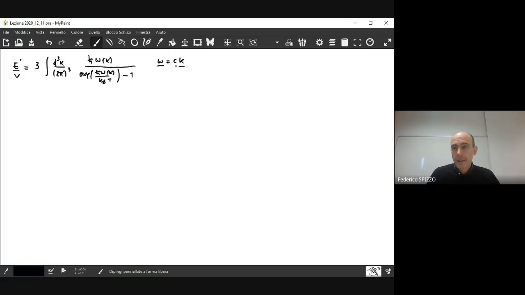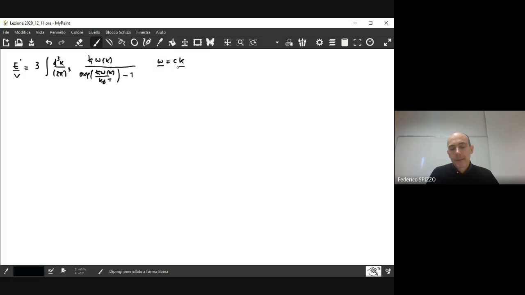Depending on the wavelength of the oscillation, we have a frequency, and we observed that the frequency may go to 0 as the wavelength of the oscillation increases. In this case, I'm just considering acoustic phonons, because for optical phonons this approximation is not valid.